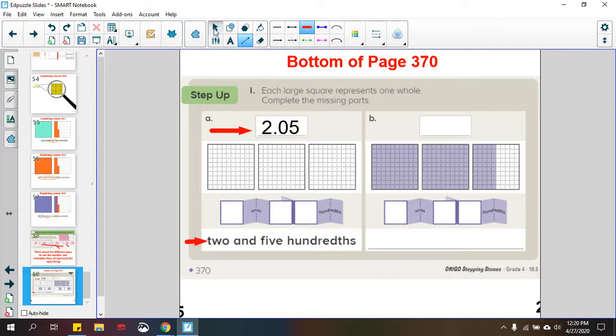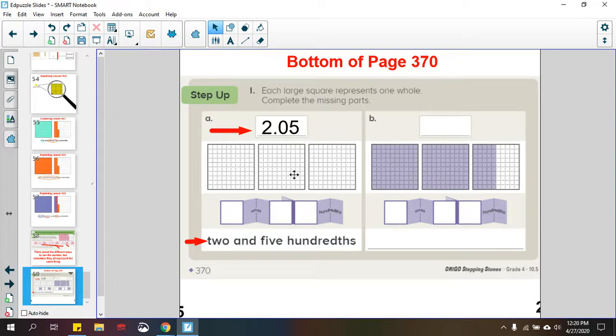So notice they gave you the standard form and the word form for this number, but you've got to show how it would look with your area model and then what digits you would put on your expander. So this says 2 wholes and 5. That's the hundredths place, so 5 hundredths.